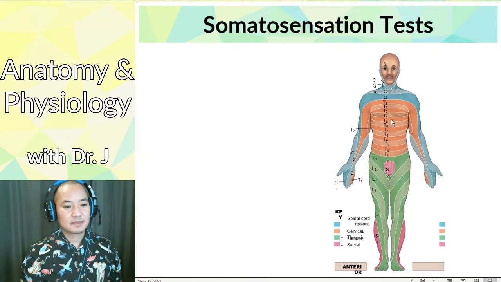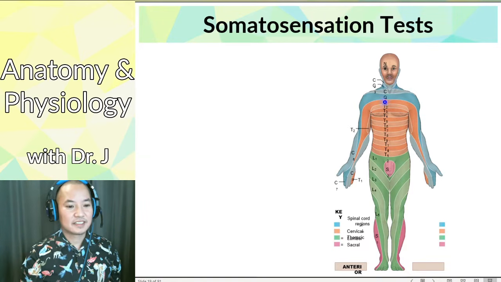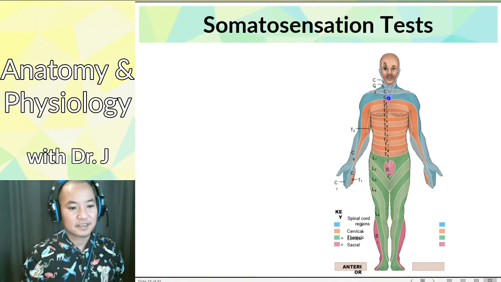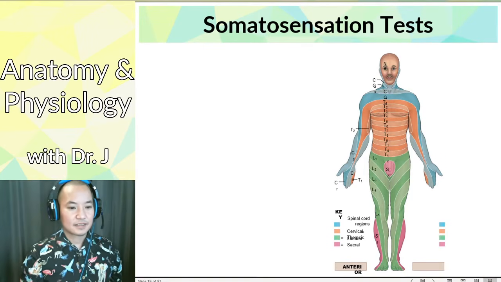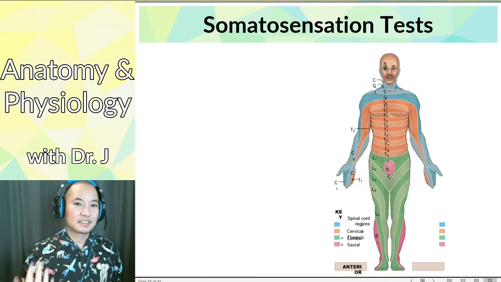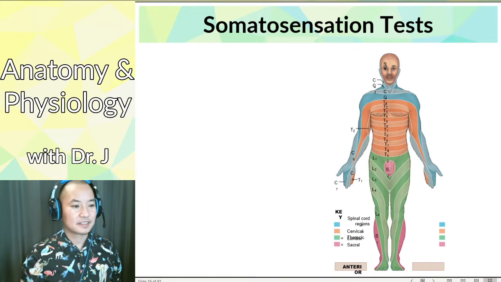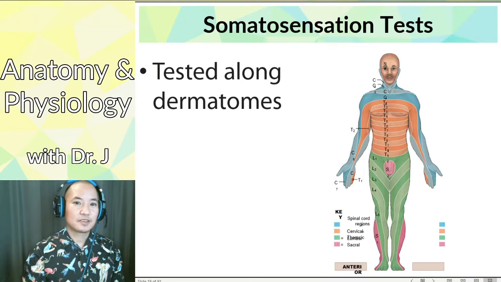Now, say someone had a neck injury, and you want to see if C1, C2, C3, C4, C5 are intact. One way to test whether a region is healthy is to do tests along regions that supply signals to that area and see whether it's picking up correctly, or sometimes at all if there's really severe damage. So this is why dermatomes are important.